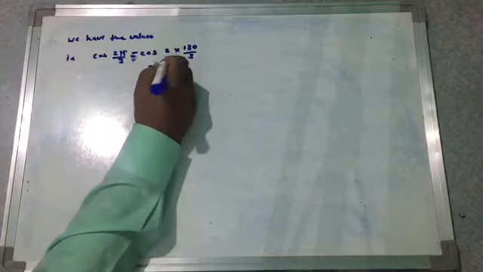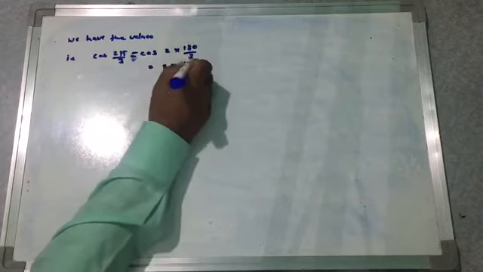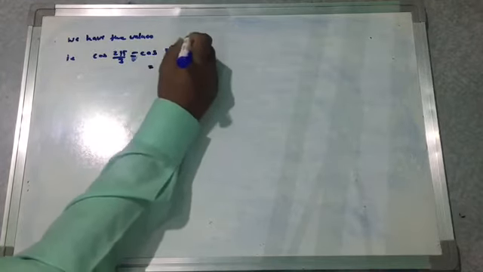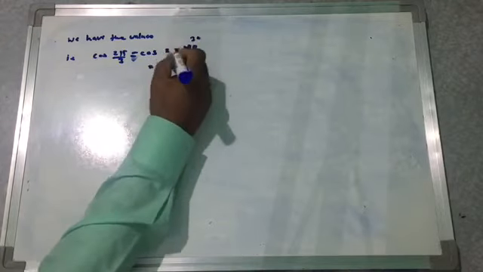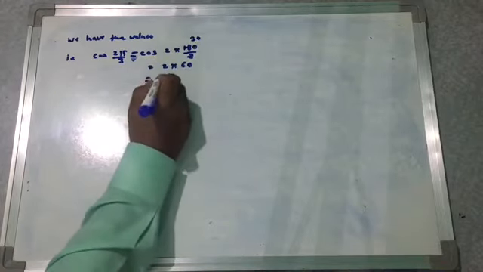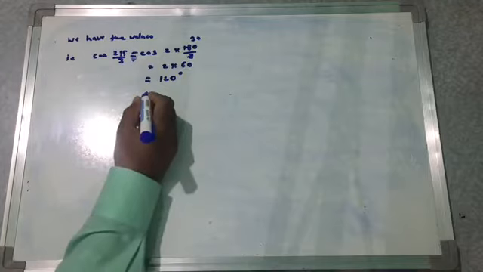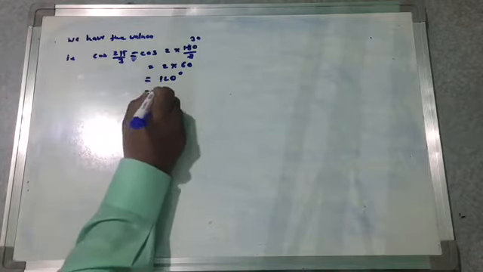It is 2 into 60, that is 120. So this can be written as minus 1 upon 2.